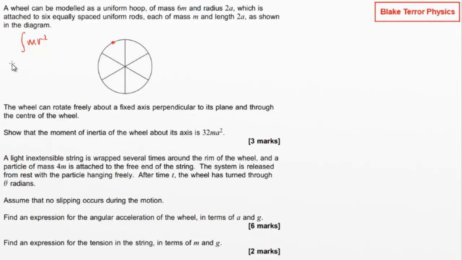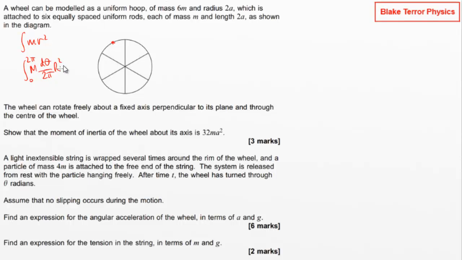This is something I've done on a separate video. So the radius is constant on all of this. We're going to do an integral from 0 to 2 pi of d theta over 2 pi. That's our mass bit, multiplied by the mass of the whole hoop. And then we multiply by radius squared, which is also a constant.